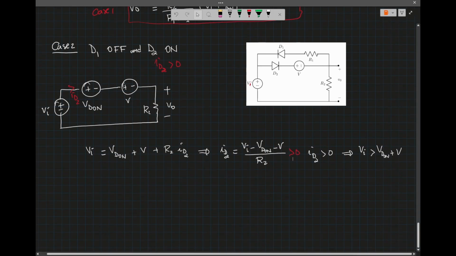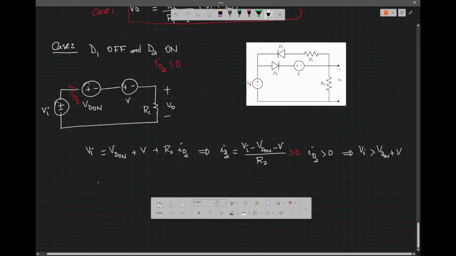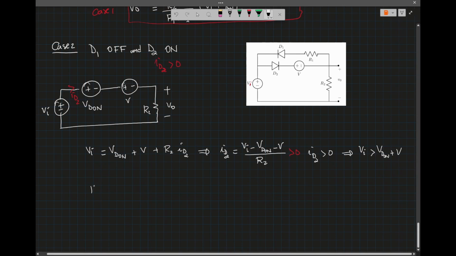Then V0, which is R2 times ID2, will be R2 times VI minus VD on minus V, divided by R2.